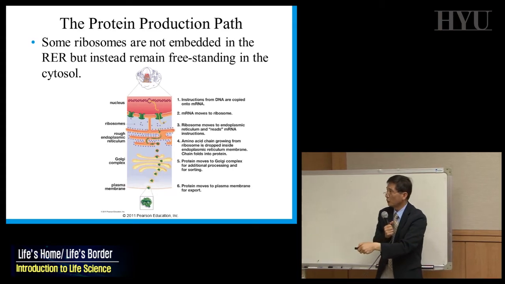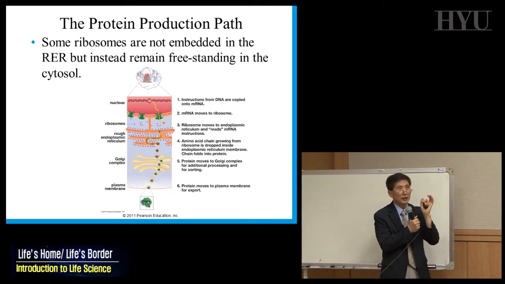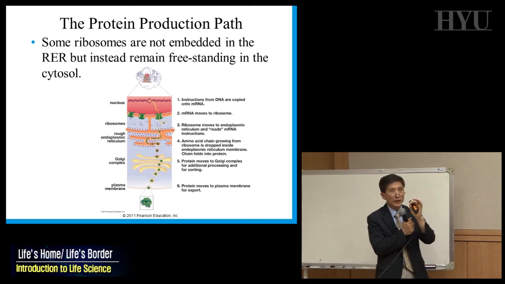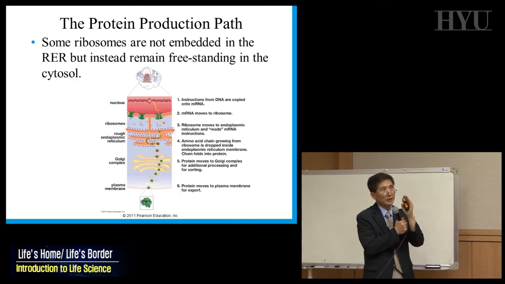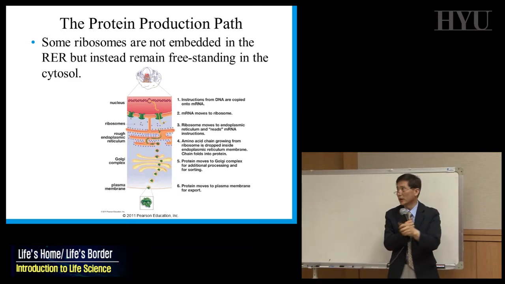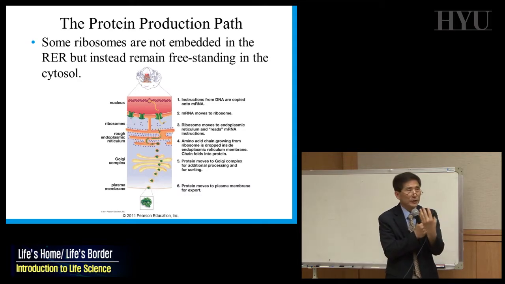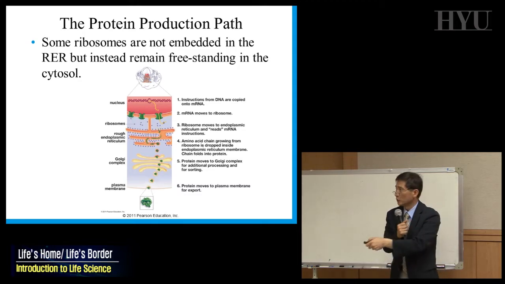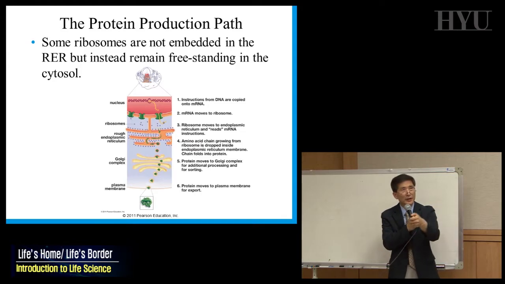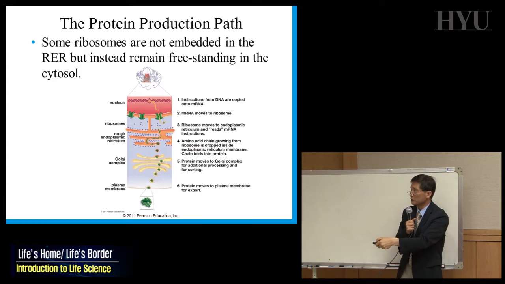In this case, it's messenger RNA. The messenger carries the message about the information. So you make RNA from DNA. You copy one side of the DNA into RNA, the yellow strand.